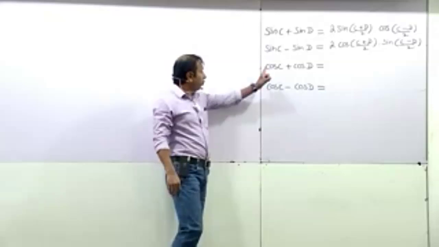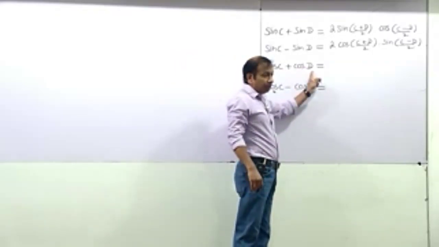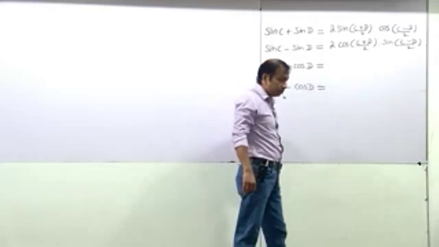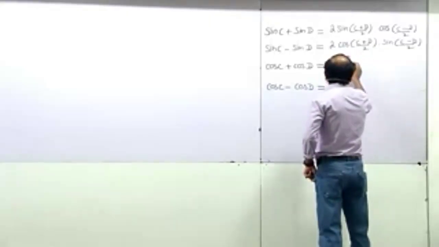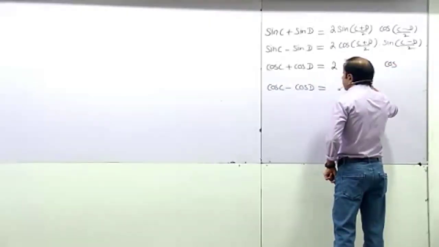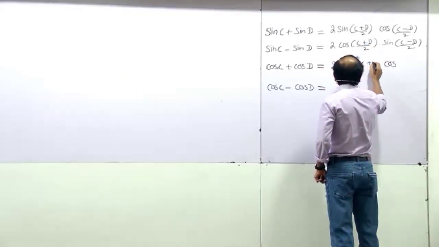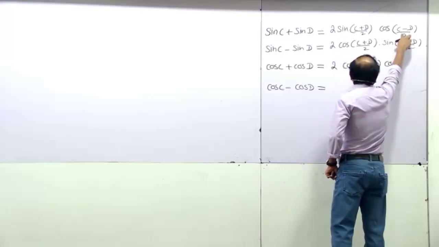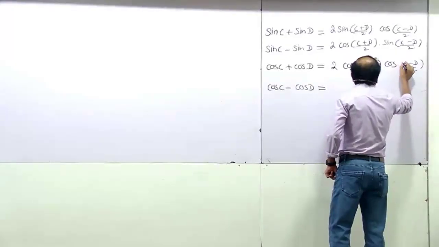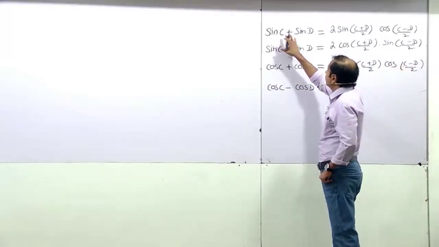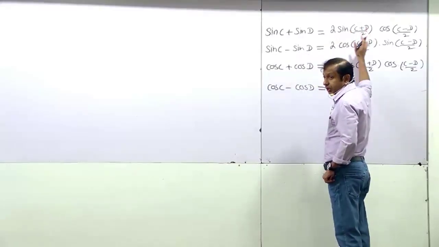For cos C plus cos D, sum of cos, on the right hand side 2 cos and cos come in. First angle is C plus D by 2, second angle is C minus D by 2. Then I think very easily you can remember, for sin sum or sin difference, right hand side comes sin cos, cos sin.